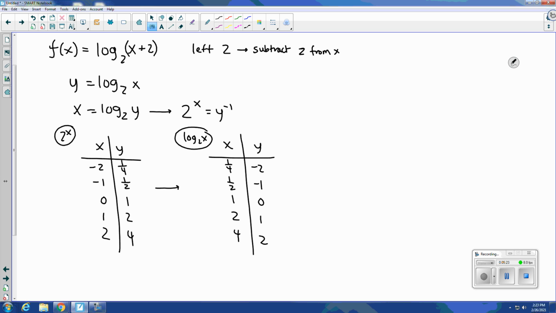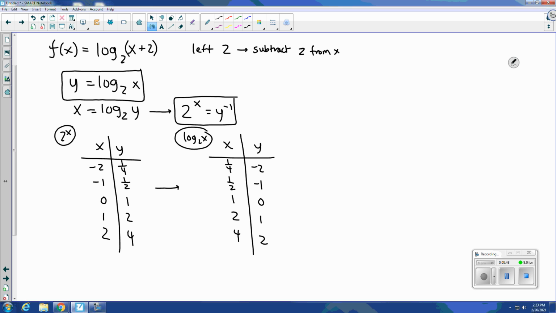Now, how we go from there is, once you've identified the transformation, to get started, you're going to strip away all the transformations so that you get the parent logarithm. So remove all transformations, get the parent logarithm, then identify the inverse exponential to the parent logarithm. Okay, so this is our inverse exponential.